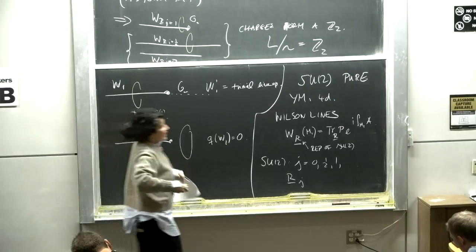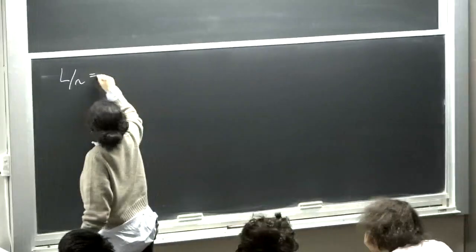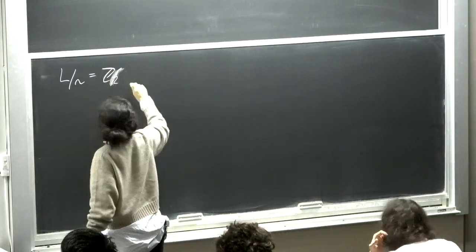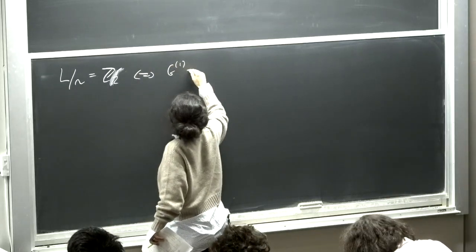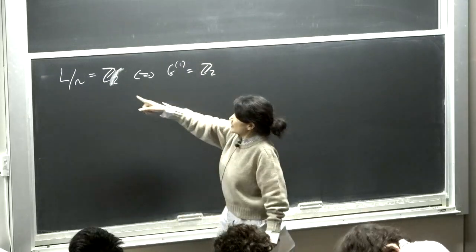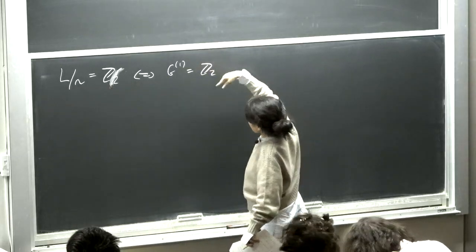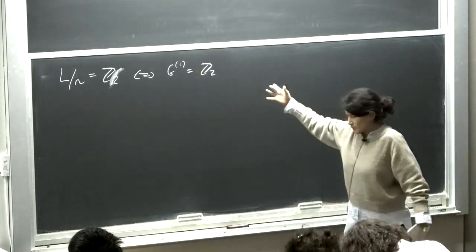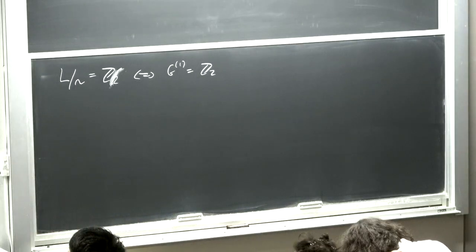So these are the representations of this one-form symmetry group, which in this case is Z2. So L mod twiddle being Z2 means that the group G1 is Z2, because these are essentially just the representations of it. And the dual group of a finite abelian group, a cyclic group, is again the group itself. So this is how we see in gauge theories what the one-form symmetry or its charges are.